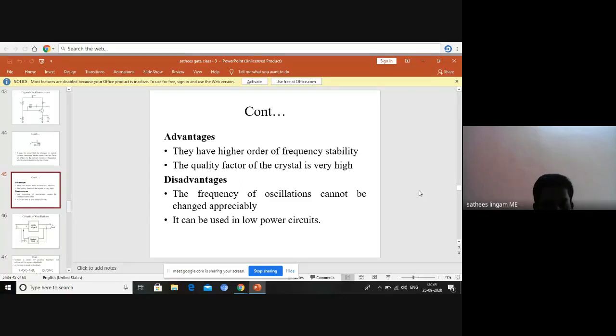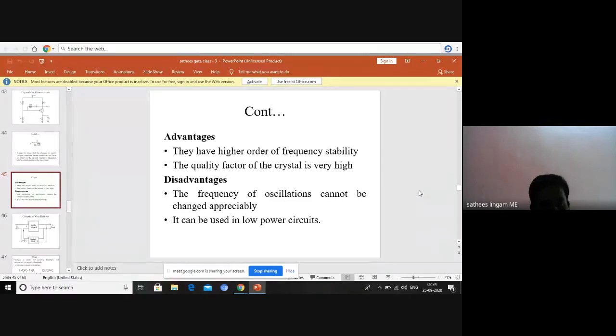Here it cannot. We would have to remove the entire crystal oscillator and put in some other crystal oscillator to change the frequency. Suppose you are asking for a 12 megahertz frequency; what is that crystal oscillator?